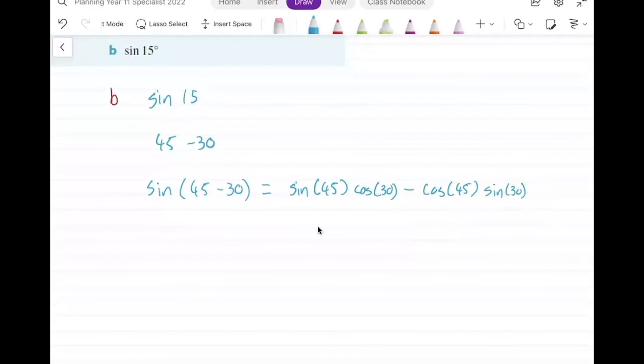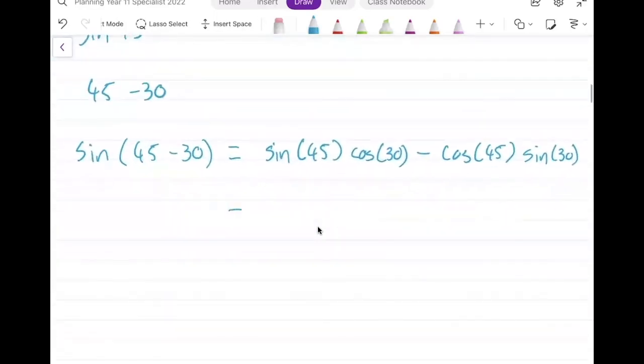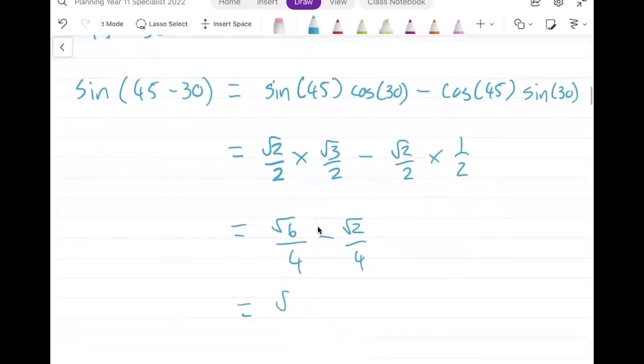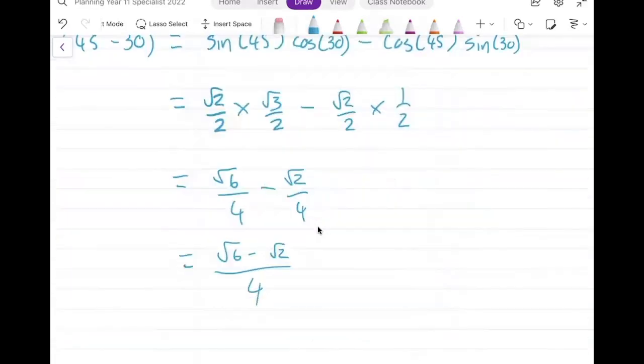If I use my exact values, I get root 2 over 2 times root 3 over 2 minus root 2 over 2 times 1 over 2. If I simplify that, I get root 6 over 4 minus root 2 over 4, which happens to give me root 6 minus root 2 over 4.